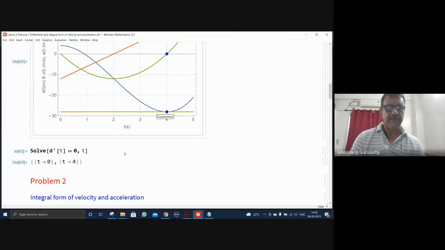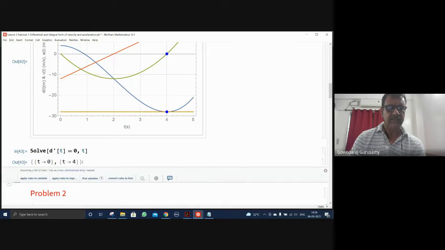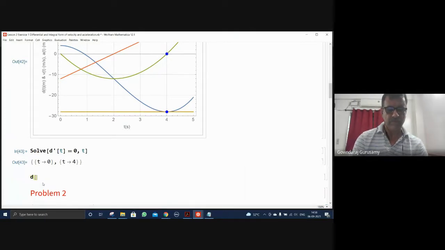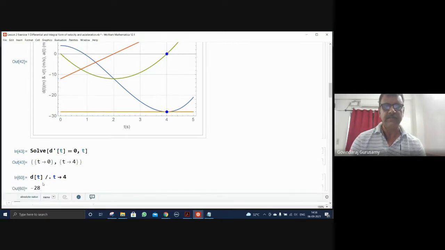Now corresponding to t equal to 4, if you find the displacement, this is the point that you will be getting. How do I find that magnitude? It's very simple to substitute into d of t. Substitute t equal to 4. The number we get is minus 28.